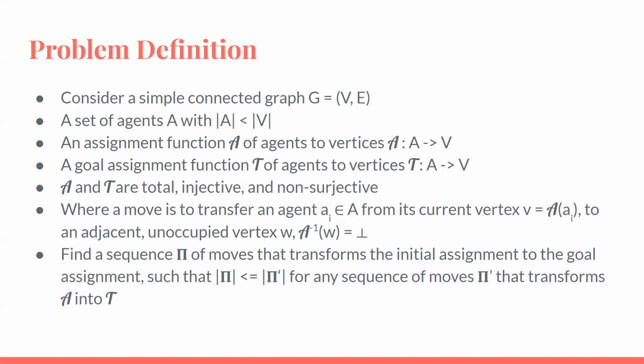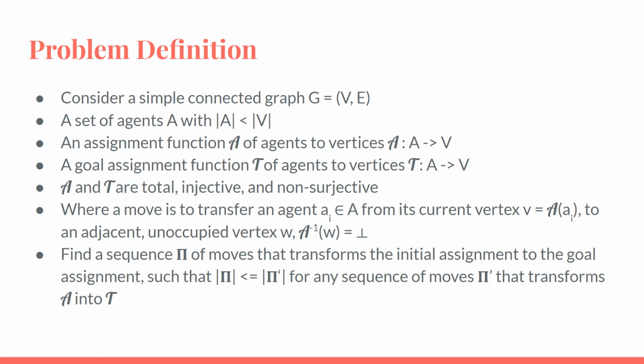So we have to have fewer agents than vertices in order for this to work. As a matter of fact, push and rotate requires at least two unoccupied vertices. So we'd actually have at least two fewer agents than vertices.